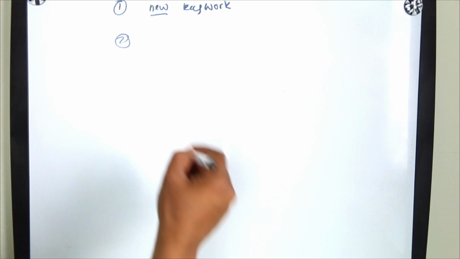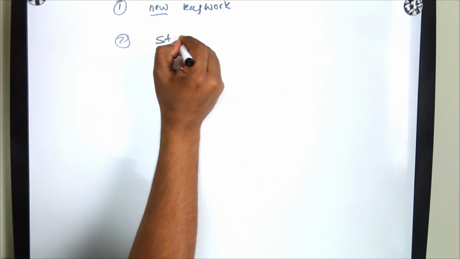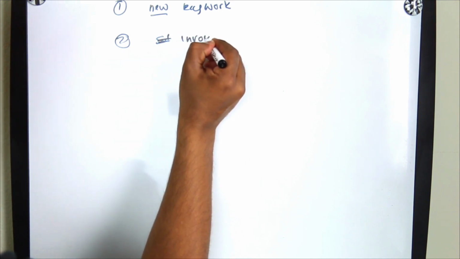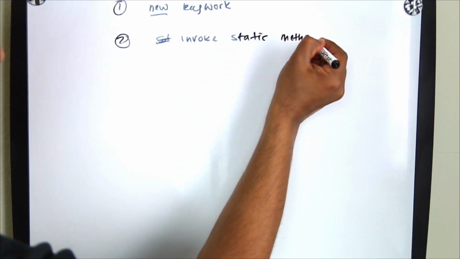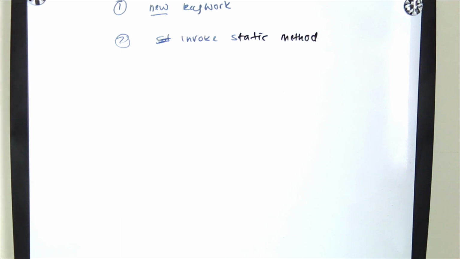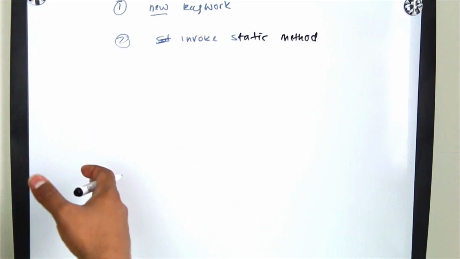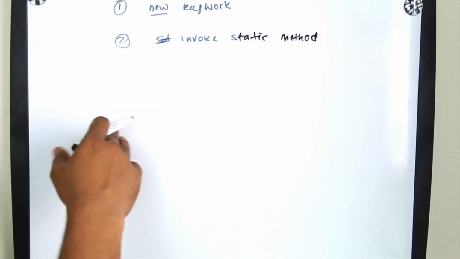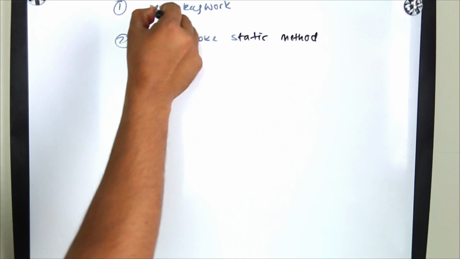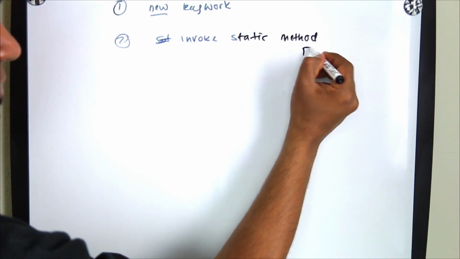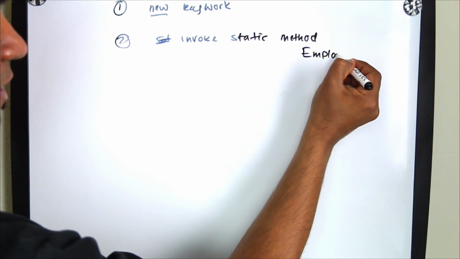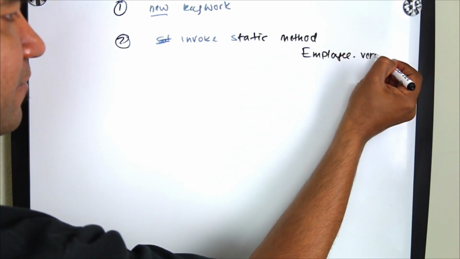Also, if the class has a particular static method and you invoke it. Let's say you have an employee class with a static method called verify. From your company class you are not creating any object, so you are not creating a new employee, but you call Employee.verify.